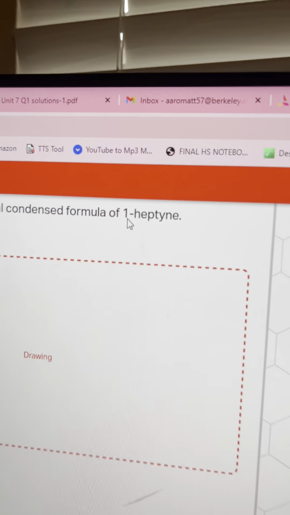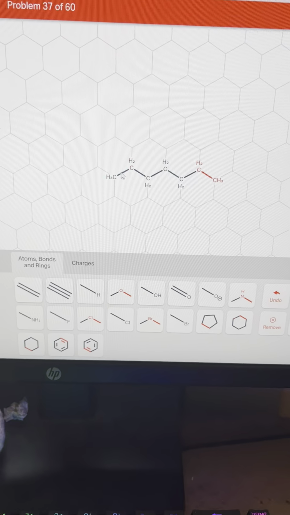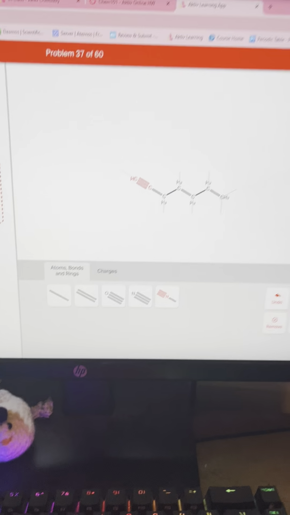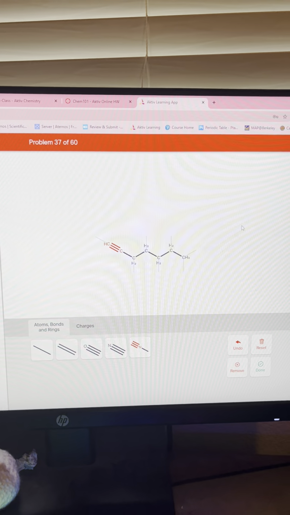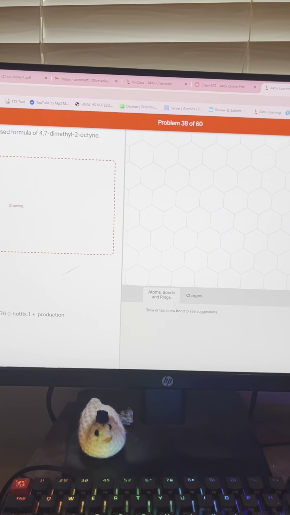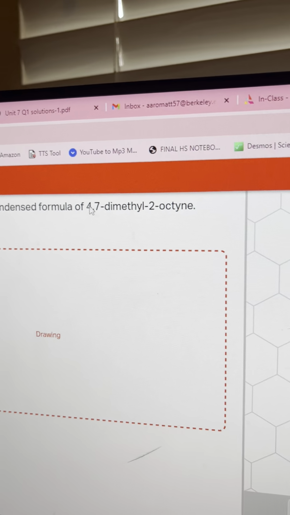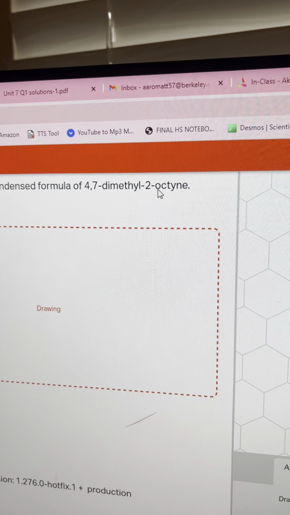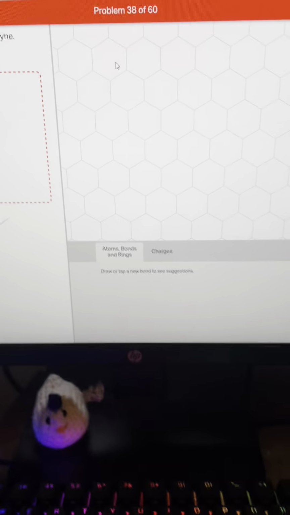So this is telling us our triple bond is going to be at the first carbon. So we click on our first carbon right here, and we add a triple bond like that. It's going to change shape. Don't worry about it. Okay. Now, we're adding methyls and then also octynes.